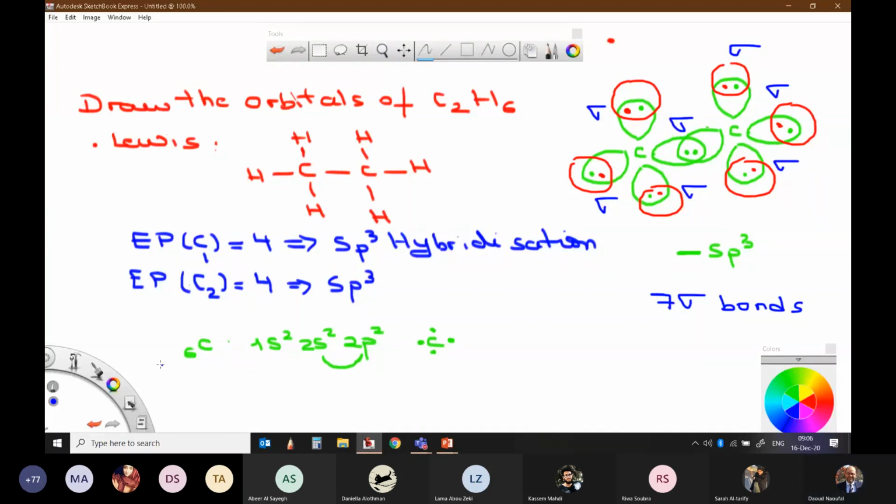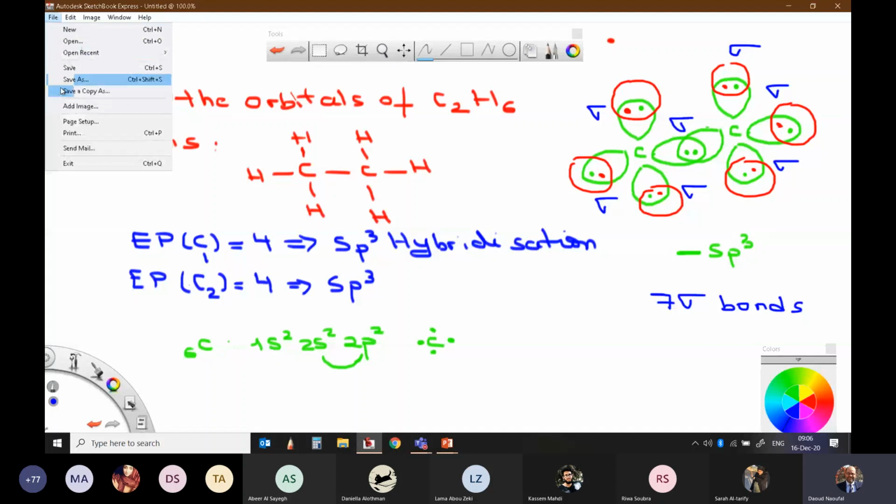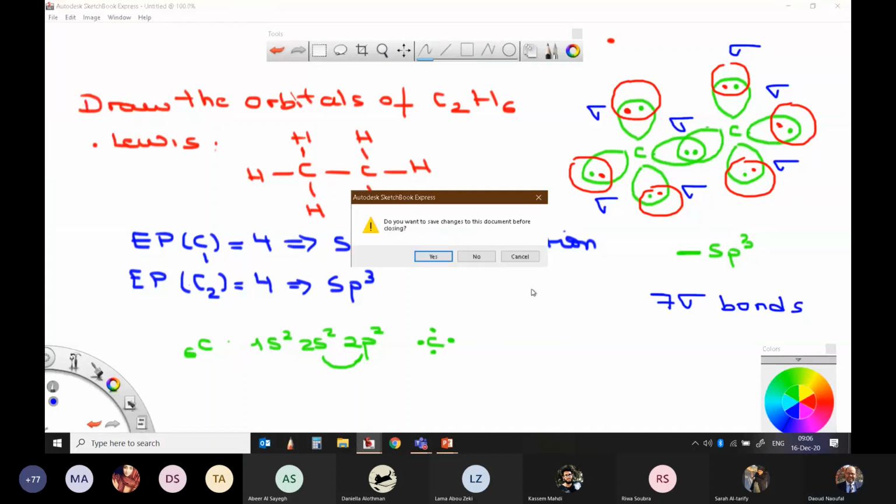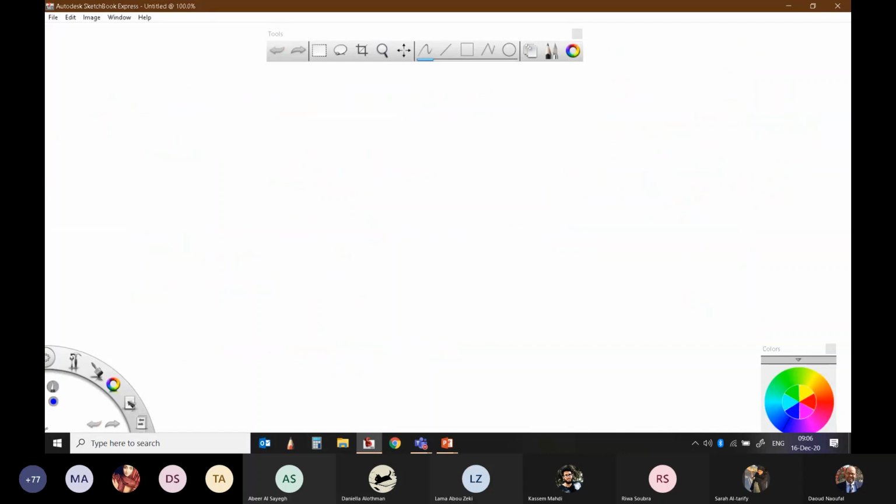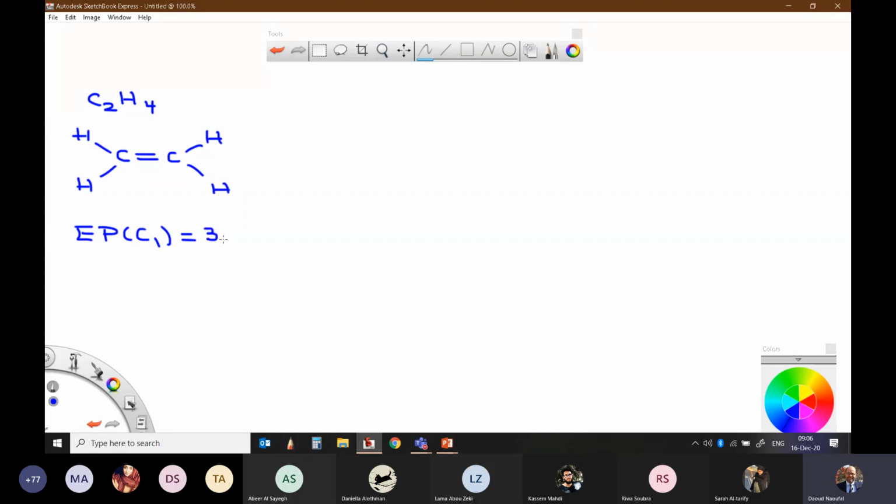I pass to the structure of C2H4. If we draw Lewis, we obtain this structure. So EP of carbon 1 is equal: this is 1 EP, 2 EP, and the double bond is counted as 1 EP, so equal 3.